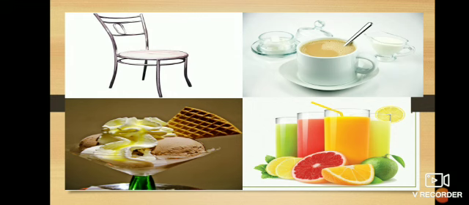Let's try to answer this by seeing some objects. Here you are seeing pictures, like a metal chair that was kept in the sun. After some time, if we touch it, we feel very hot. If you touch ice cream, it will be very cool.